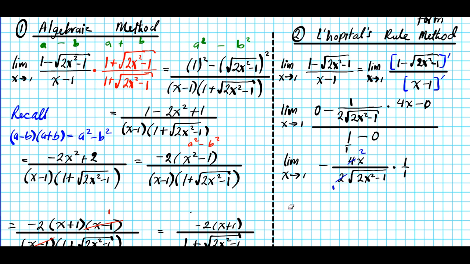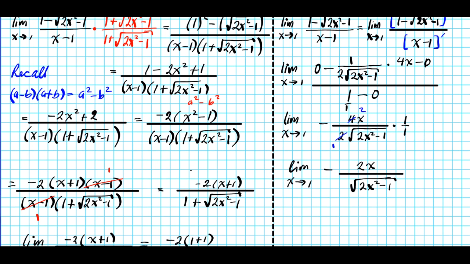And then you're now going to have the limit as x approaches 1 of negative 2x divided by root 2x squared minus 1. So all we have just done so far is differentiate and simplify our result.